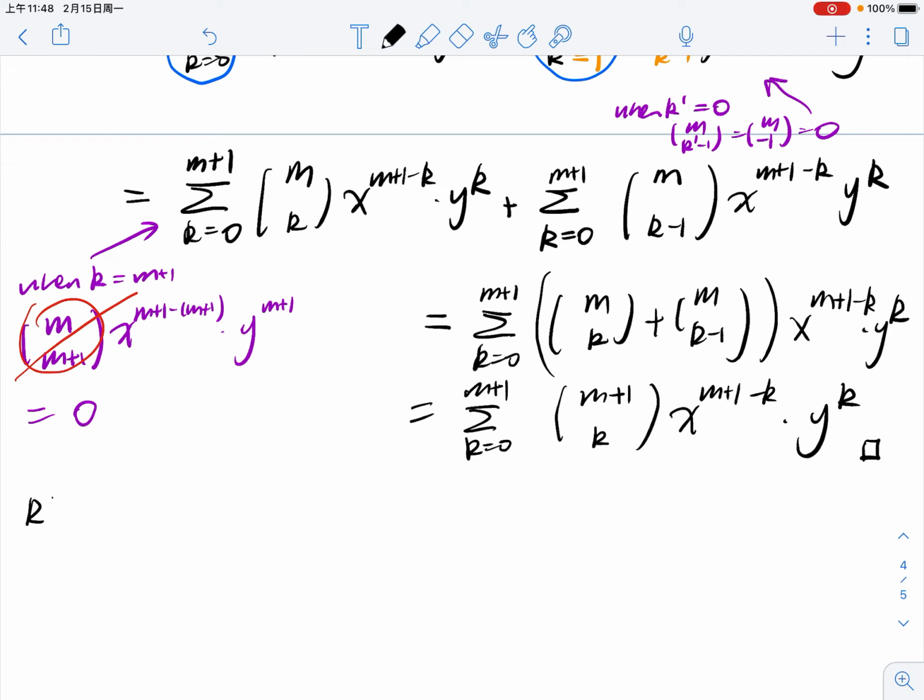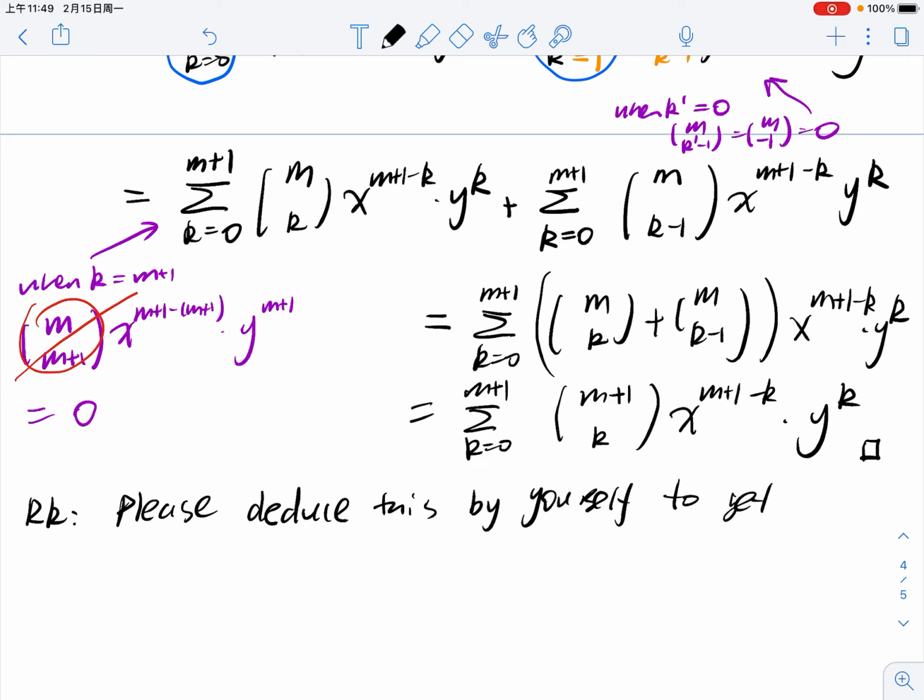Okay, just a remark. Please deduce this by yourself to get familiar with a shifting technique.